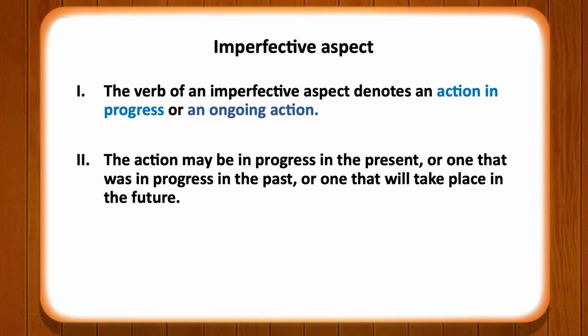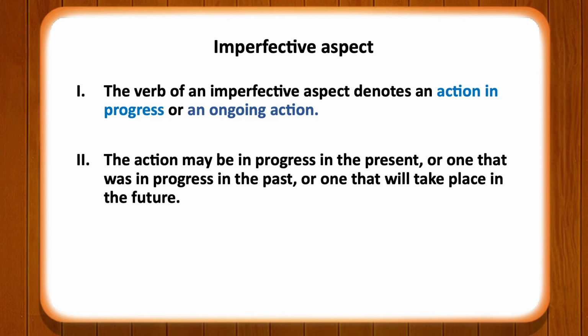If you remember, when we started this topic, I had told you that the aspect of the verb denotes whether the action is completed or ongoing. So, when you're using the imperfective aspect verb, that means the action is in progress or ongoing.